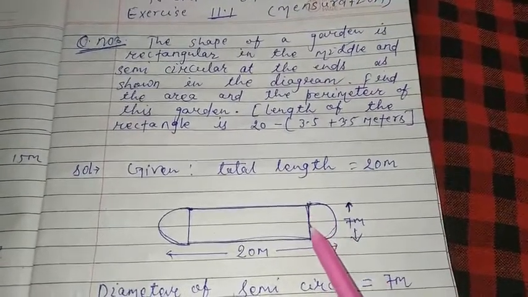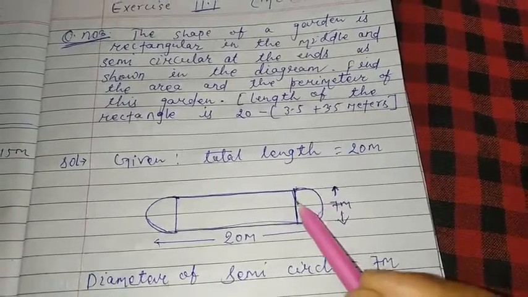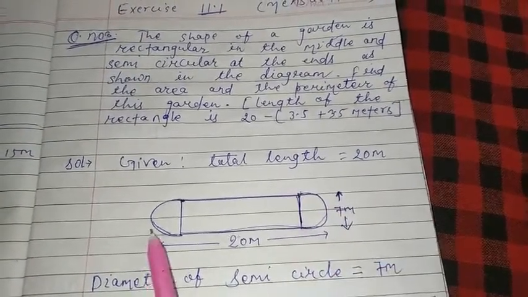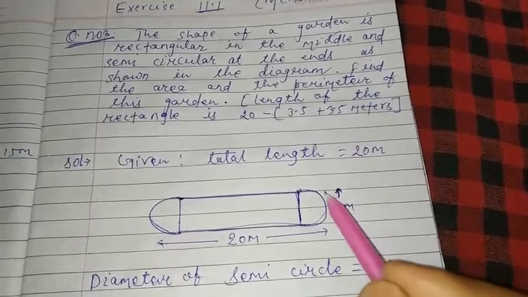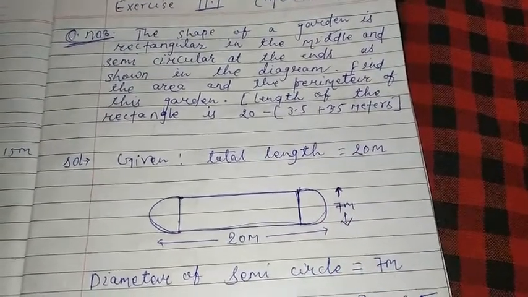the breadth of the rectangle, and the breadth of the rectangle is equal to the diameter of the semicircle.